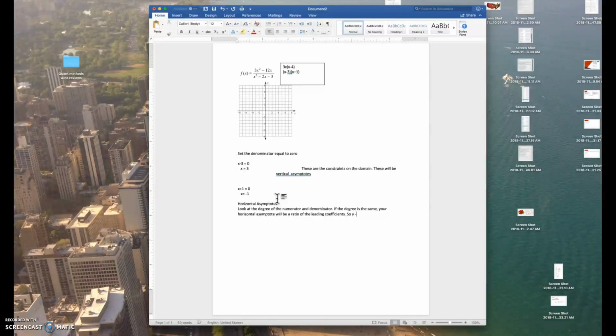So in this case, it will be y equals 3 over 1, which is just y equals 3. And that comes from these, right? So the 3 comes from the numerator, the 1 comes from the denominator.